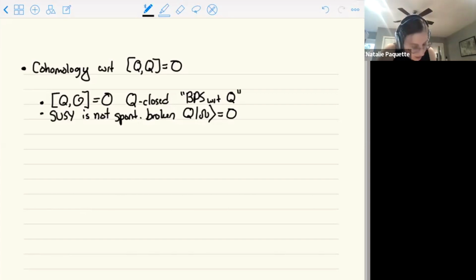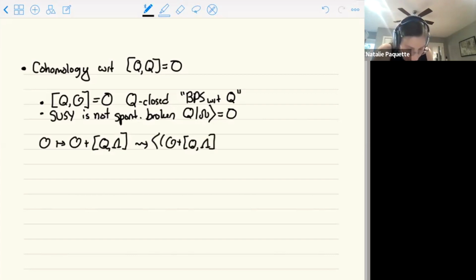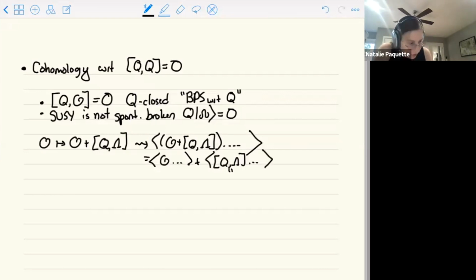So in particular, if I have Q-closed operators O, maybe I'll deform one of them by some Q-exact deformation. Remember, I'm using graded commutators here. Then a correlation function, say in Euclidean signature, where it's easiest to work with these things. Let's say I have O and the dot dot dots indicate a bunch of other Q-closed operators. Now I've just deformed O by some extra Q-exact term. That's the original correlation function plus this new term that I've added, which of course is just Q lambda, plus or minus Q lambda, depending on the parity.